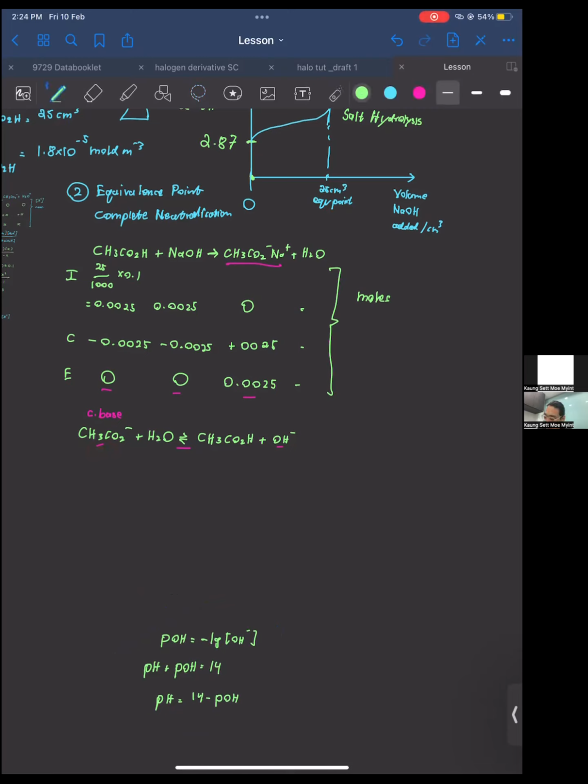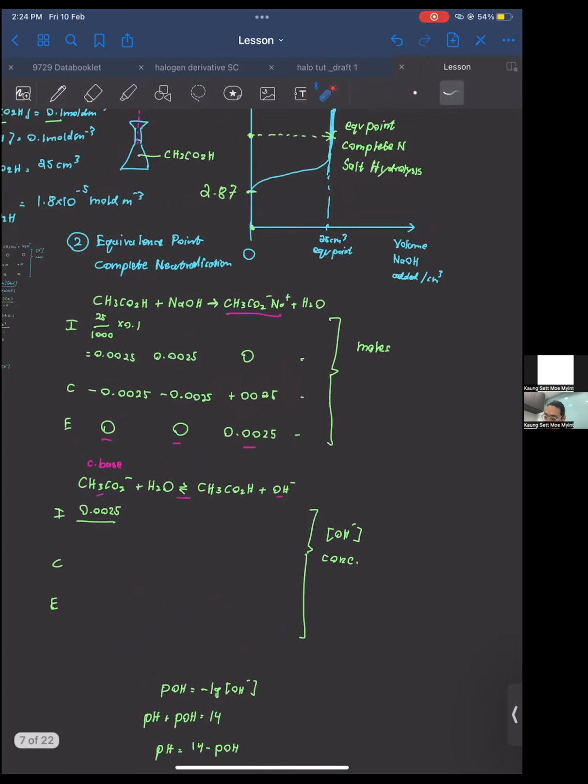So the second ICE table that we are going to draw has a purpose. And that purpose is to calculate the OH minus concentration. So this ICE table must be in concentration. So I am going to put in the concentration of our ethanoate. And I will put in 0.0025 because that is the moles of ethanoate that we have found. And I will divide it by the total volume.